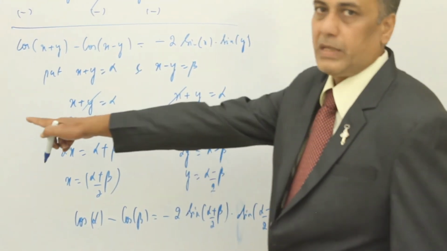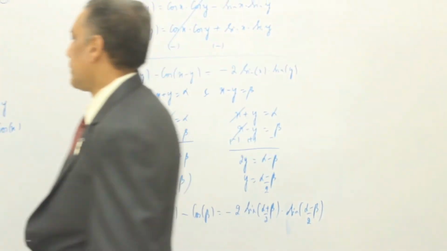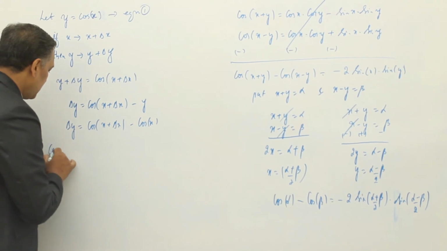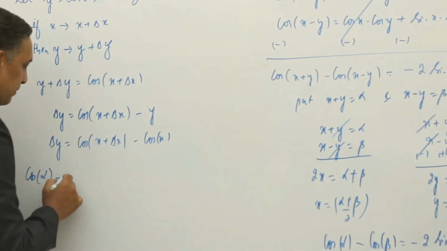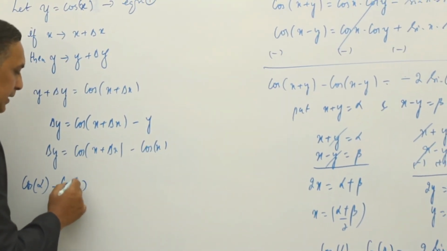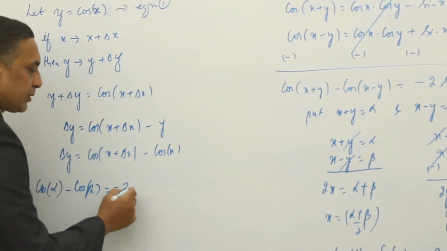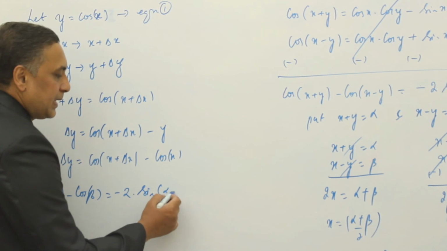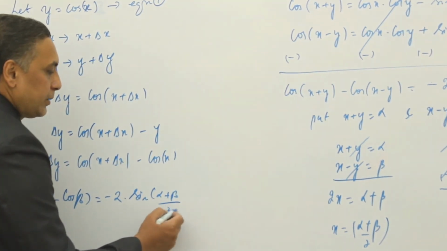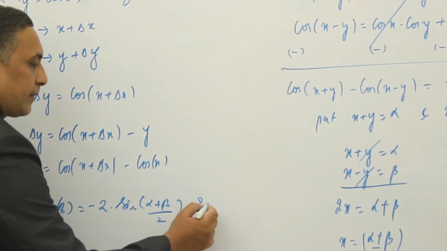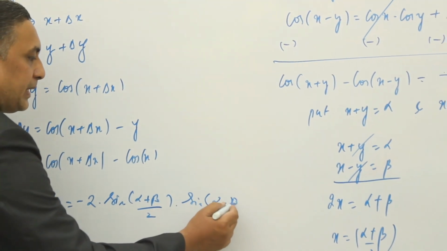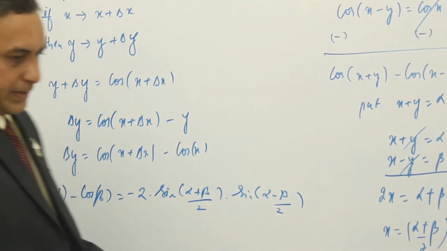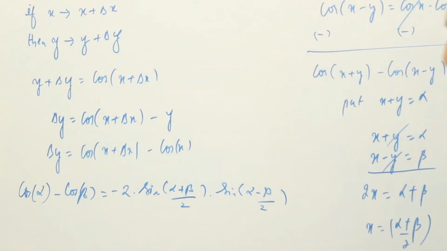Now we take this as the formula: cos alpha minus cos beta equals minus 2 into sin of alpha plus beta by 2 into sin of alpha minus beta by 2. So using this formula, we'll try to substitute that.